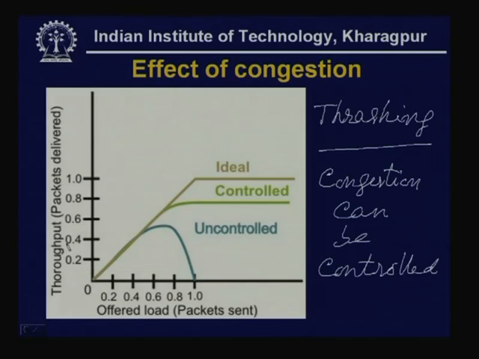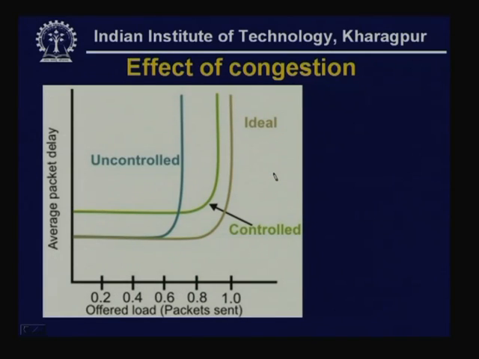So this is the throughput effect of congestion on throughput, both in the uncontrolled and controlled cases we have discussed. Now let us see the other parameter, which is delay. Delay is a very important parameter, and as you can see, in the ideal situation, as long as the offered load is within the capacity of the network, delay is very small.